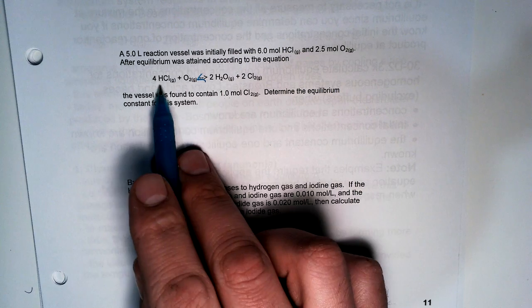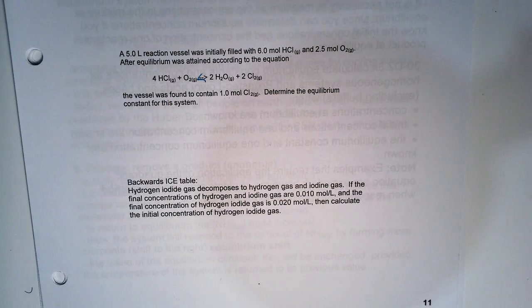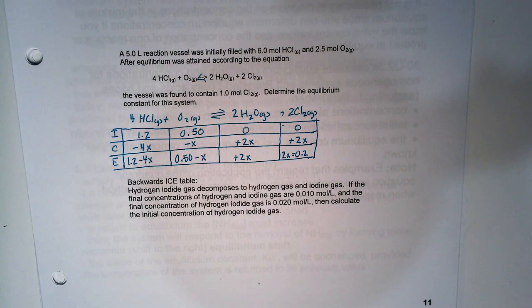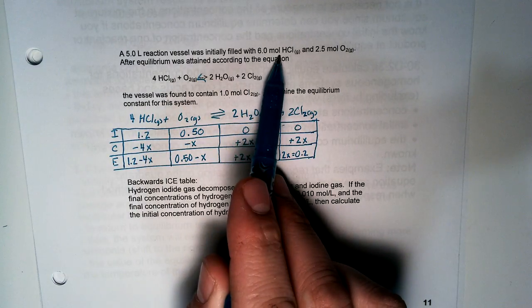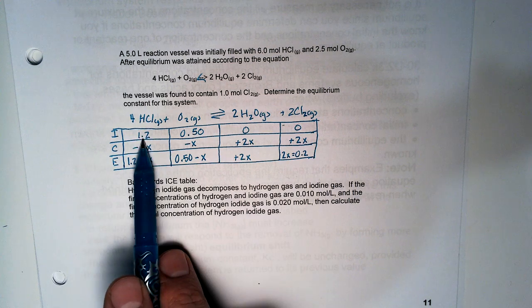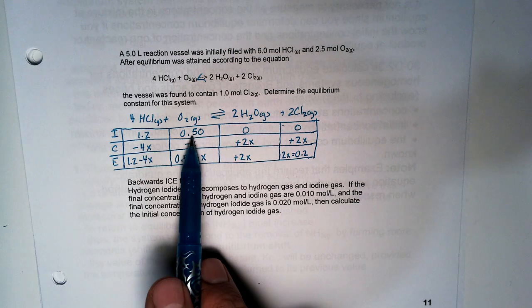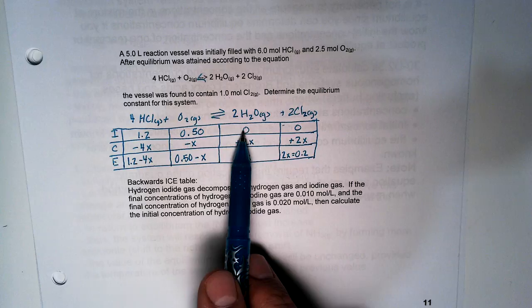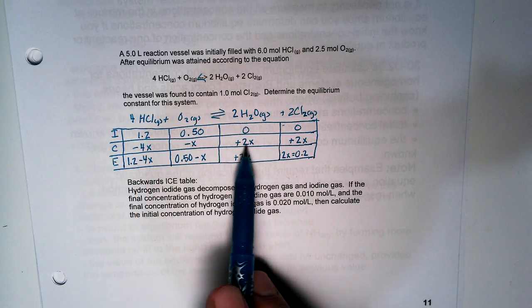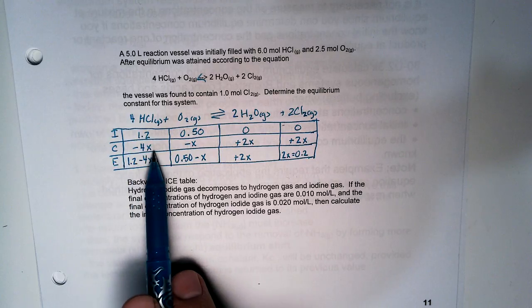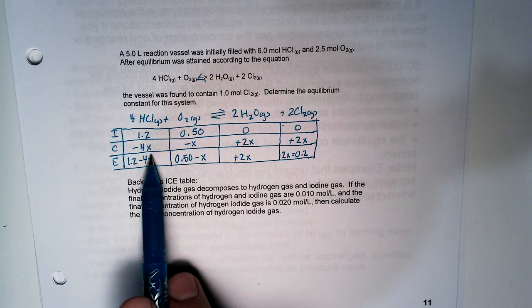Okay, so again, write out our equation with an ice table. Okay, I have my ice table. So our initial, again, we're given moles, so we have to go 6 divided by 5 gets 1.2, 2.5 divided by 5, we got 0.50. Here, initial for products are 0. Okay, we write down our changes, again, using our coefficients to see how much it changes by, and then write down our equation.